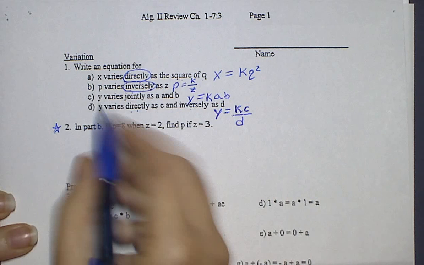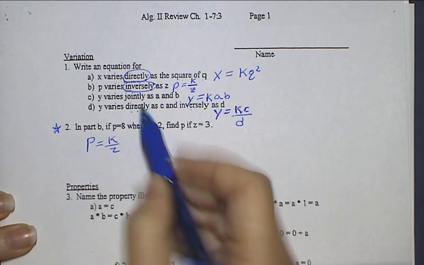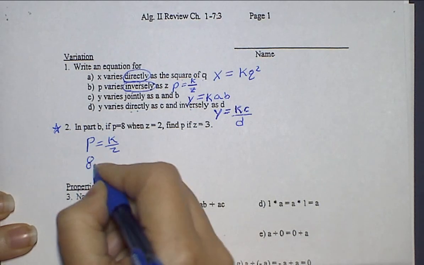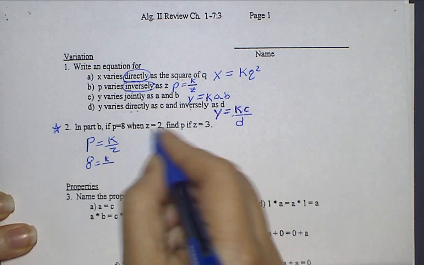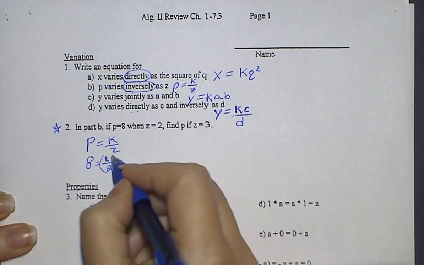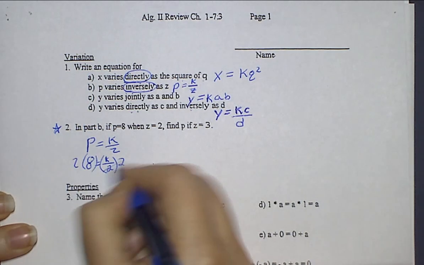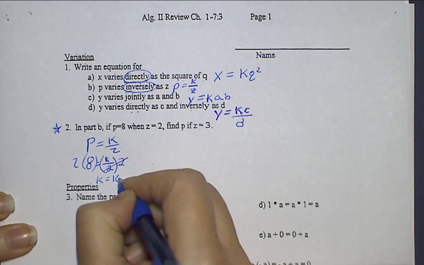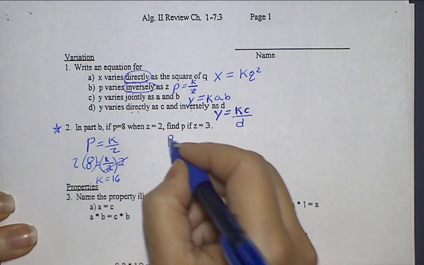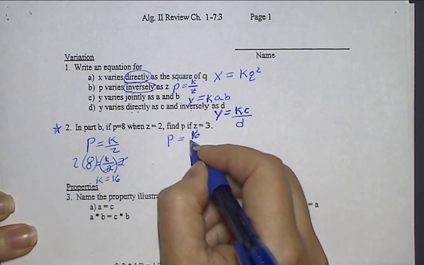So we have p equals k over z, and it says if p equals 8, I'm going to put an 8 there, equals k, and now my z equals 2, so I have to find k, so I'm going to multiply both sides by 2. So this cancels out, so k equals 16. So I'm going to insert that back into the original equation. We have p equals 16 over z.